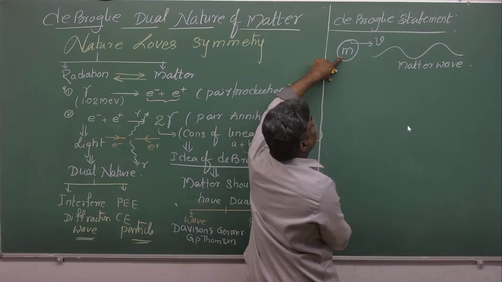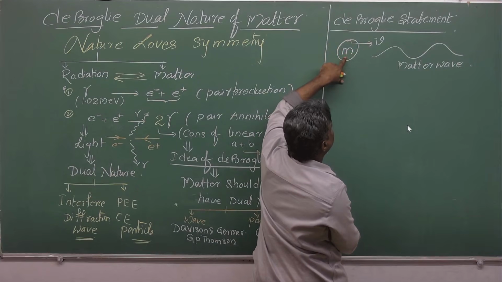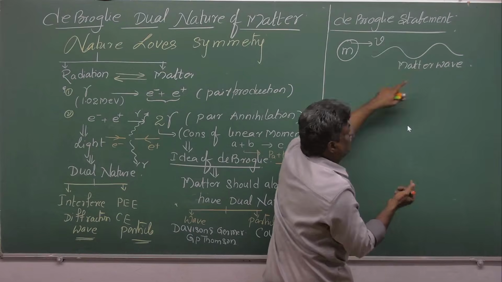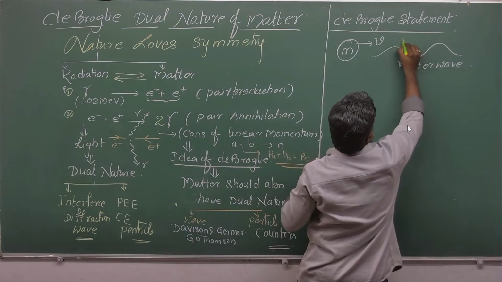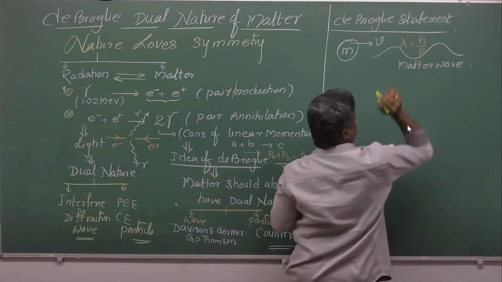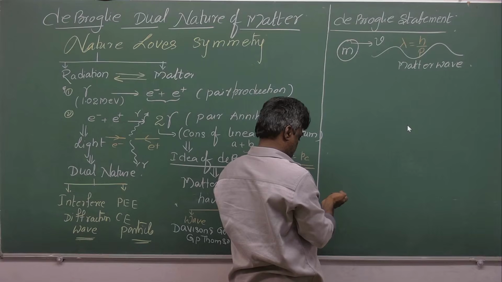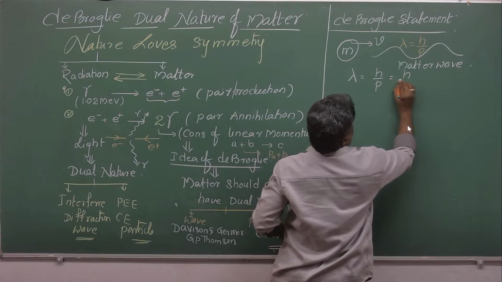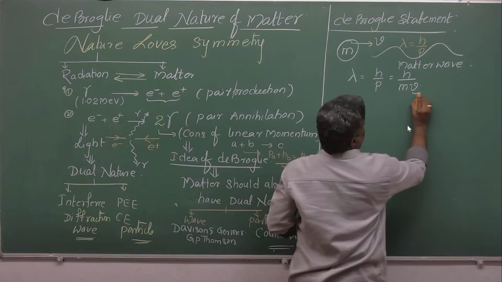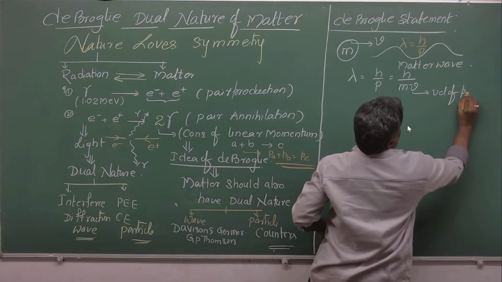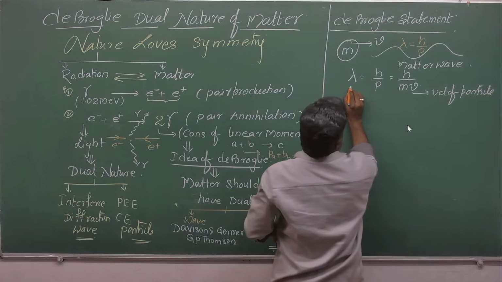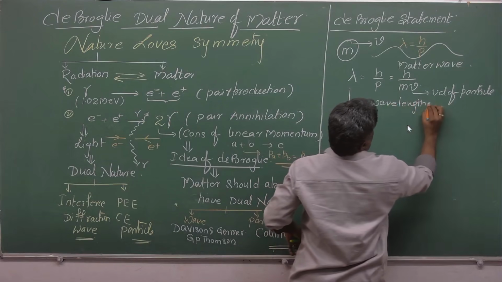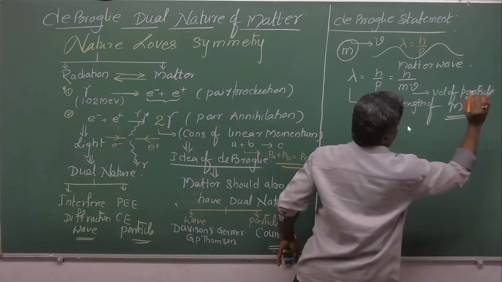A material particle in motion is associated with a wave called a matter wave, whose wavelength lambda equals h by p, which can be written as h by mv, where v is the velocity of the particle, and lambda is the wavelength of the matter wave.